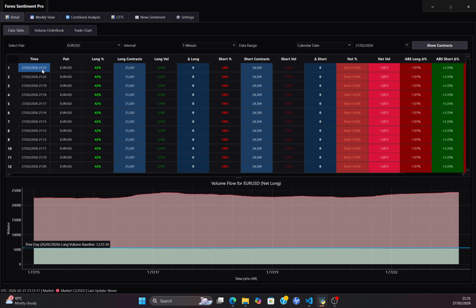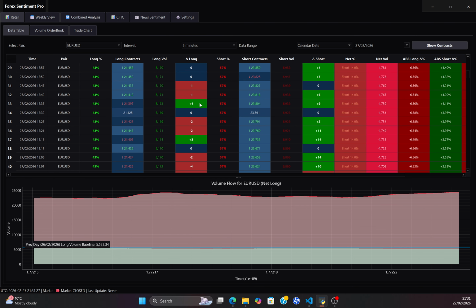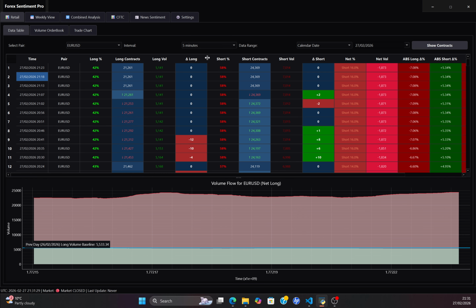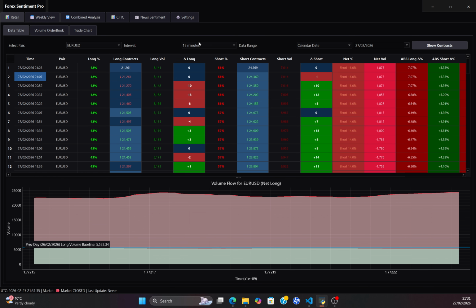But you get 5 rows, which is 5 minutes of data, and then you have a time interval where you can click and select the 5 minutes interval. Some people don't want to see 1 minute, or you can see 15 minutes, or you can go any further for 30 minutes, 1 hour, 4 hour, or daily. So I'll go with 4 hour.